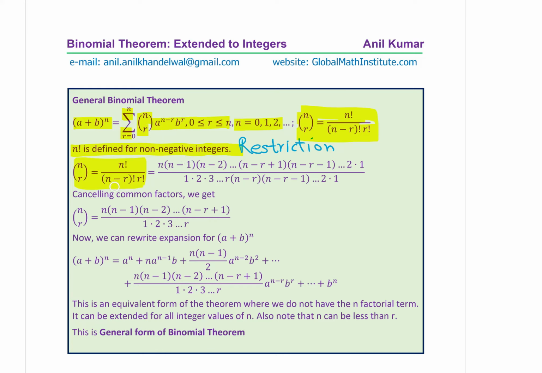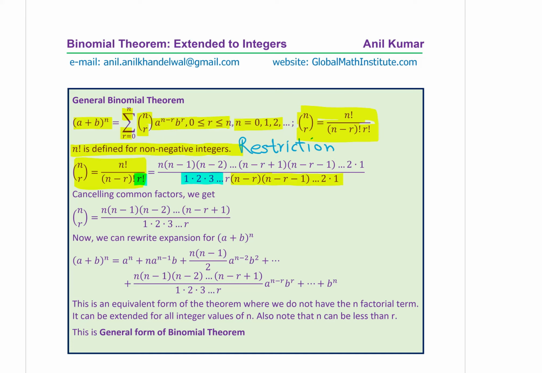And in the denominator, we have n minus r factorial. So n minus r factorial can be written as n minus r times n minus r minus 1 and so on till 1, correct? And r factorial is written here as 1, 2, 3, 4 till r, correct?